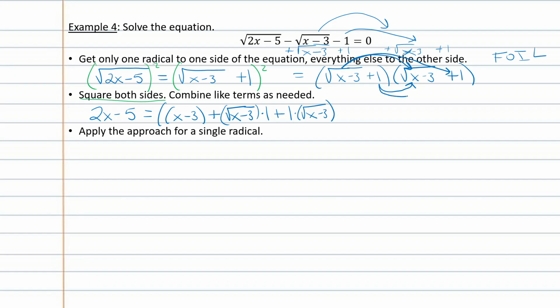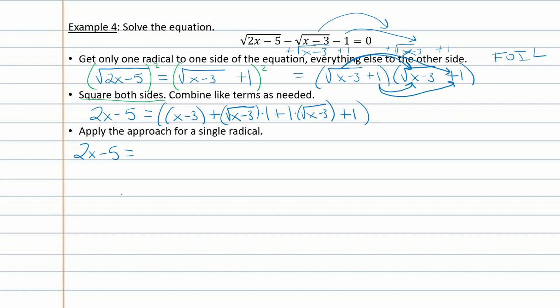And then last but not least, I'll multiply 1 times 1. Okay? Now we can combine the like terms as we need. And then after we do that, we'll be able to apply this last approach. But let's go ahead and combine as many like terms as we need. It's going to take a little space.